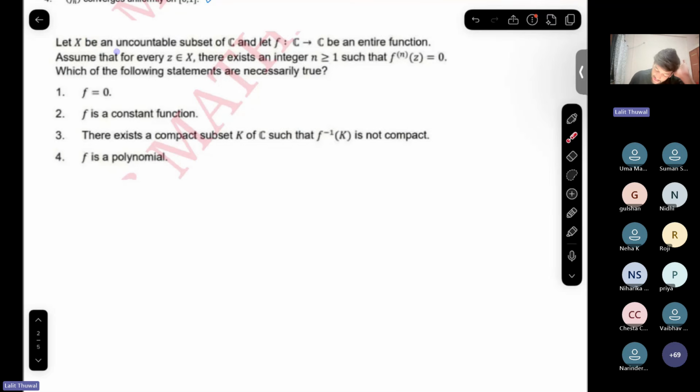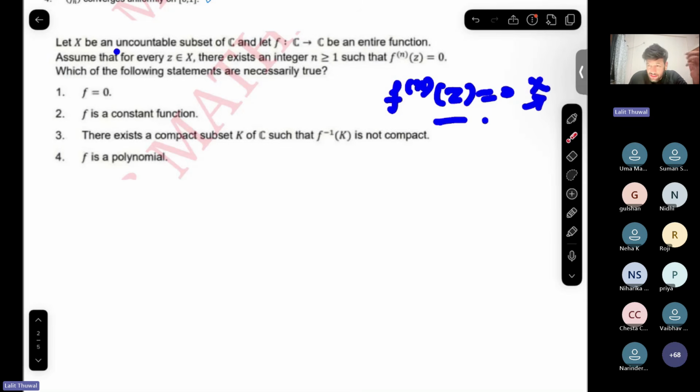Then you might think that some derivative is going to be 0 for all z in an uncountable set. The derivative is an analytic function, and if it vanishes on an uncountable set, which has a limit point, then by the identity theorem it should vanish everywhere.